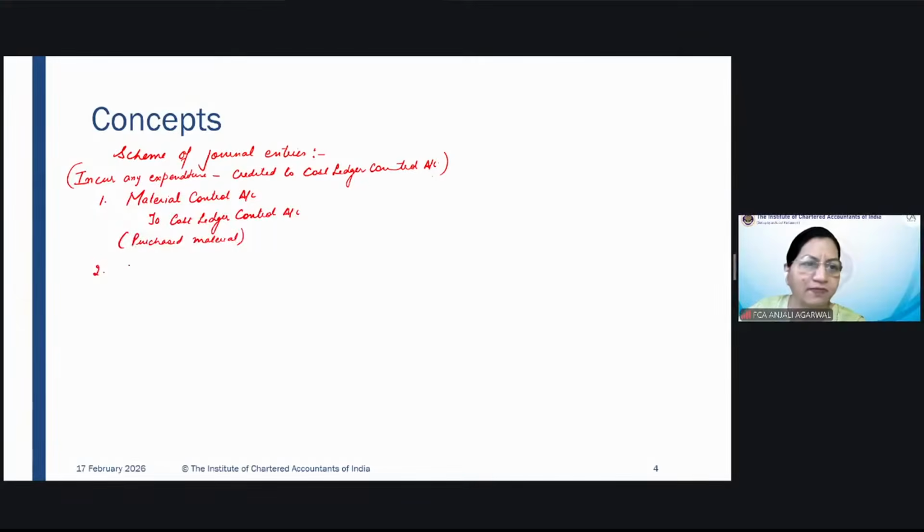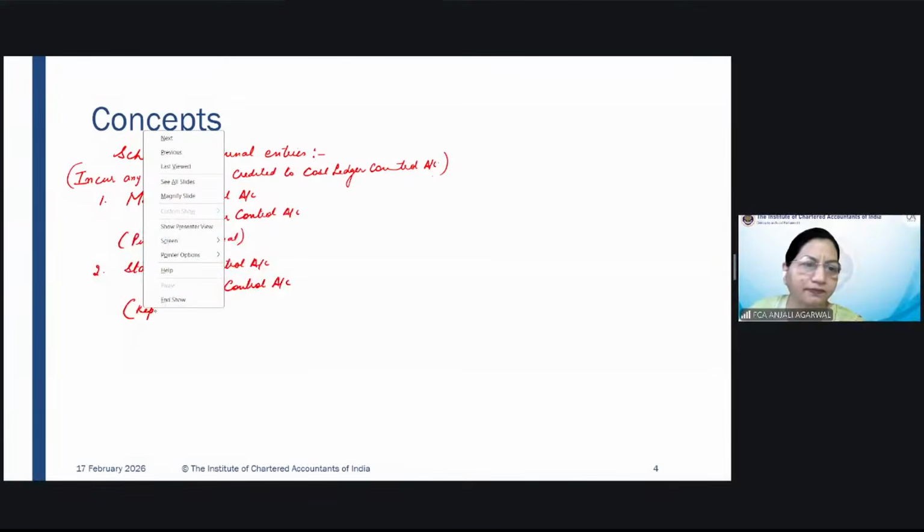This material is then moved to the stores. So here the stores ledger control account is debited to material control account. Whatever raw material has been purchased is kept in stores.